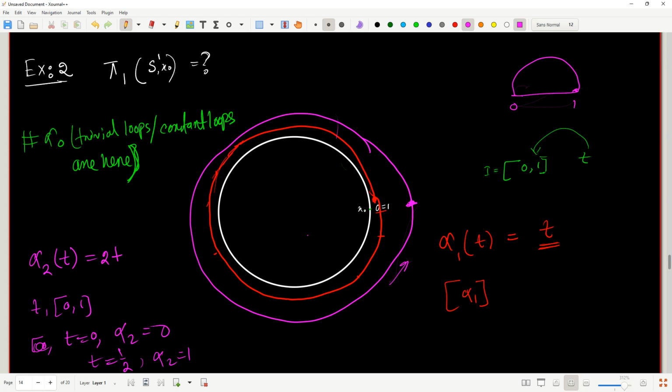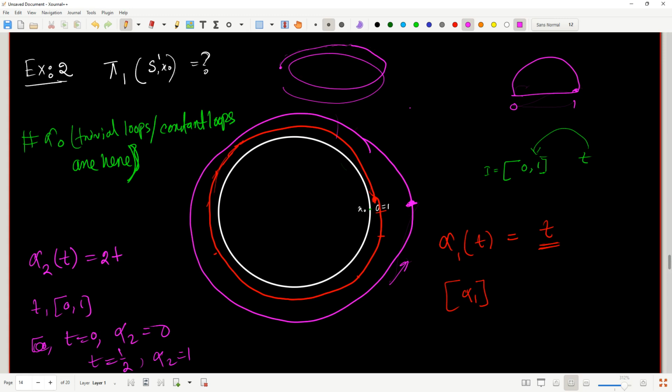So even though this looks like a circle or one loop, instead this is something like this. That means you have crossed the circle twice.